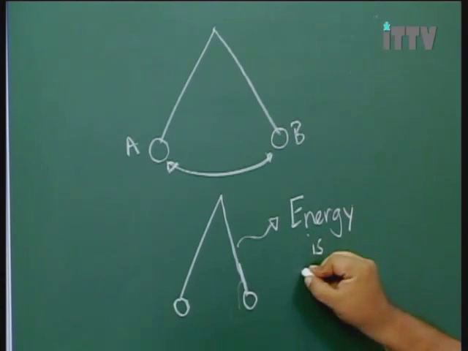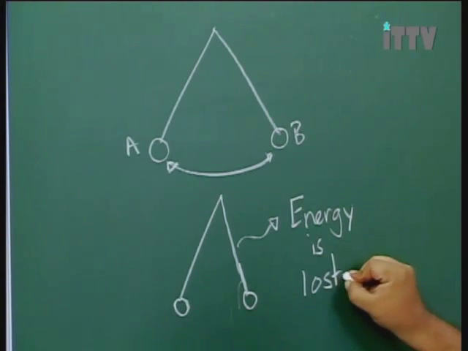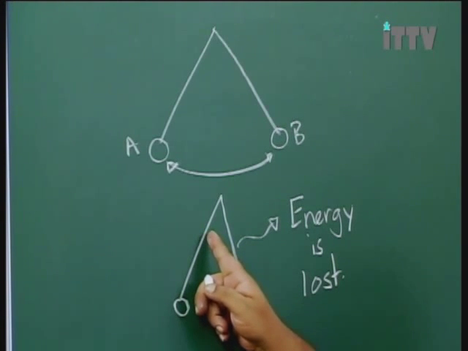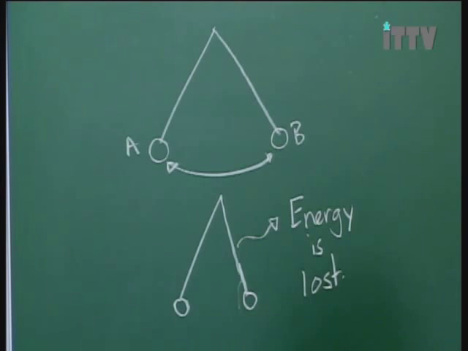Energy is lost, and the energy is lost or dissipated due to frictional forces that are working both externally, for example between the string of the pendulum and the material you're tying the string to, and internally because of forces of attraction and repulsion at a molecular level.